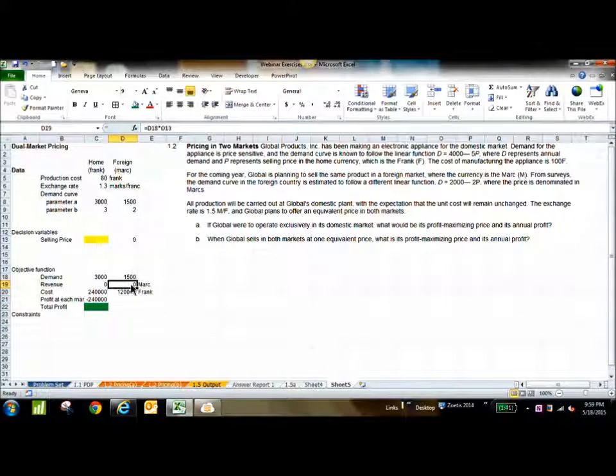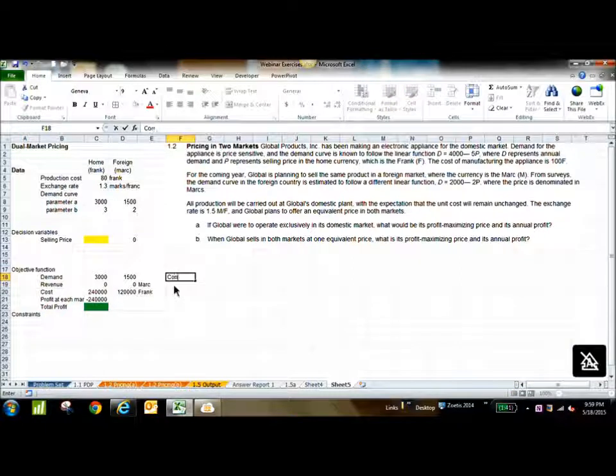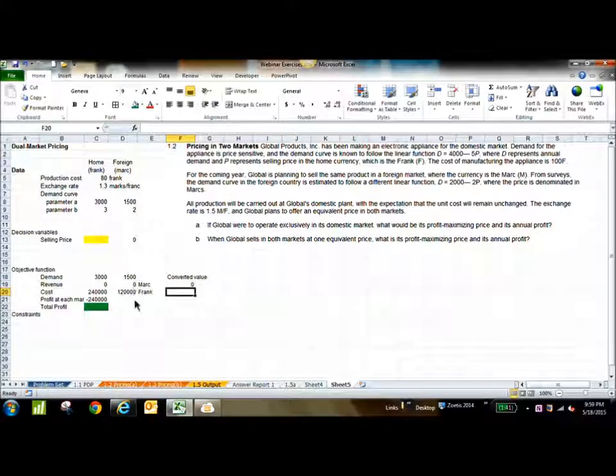So for that reason, we're just going to make this a converted value. And then we take this value and we divide by 1.5. Now we can calculate the profit as this minus this. And that will give us the profit at this market and the profit at this market.